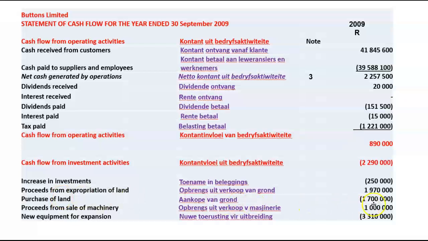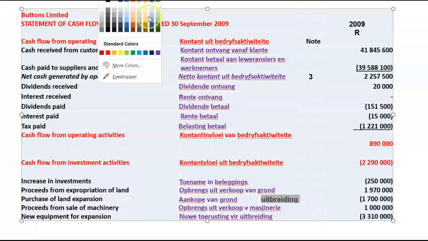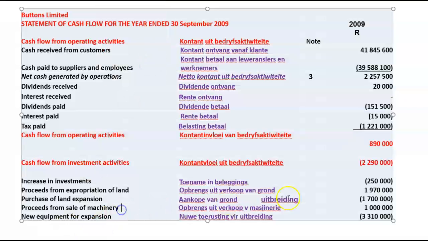Purchase of land, 1.7 million, and that was for expansion purposes. So expansion purposes. And I have to put down 1.7 million rand.